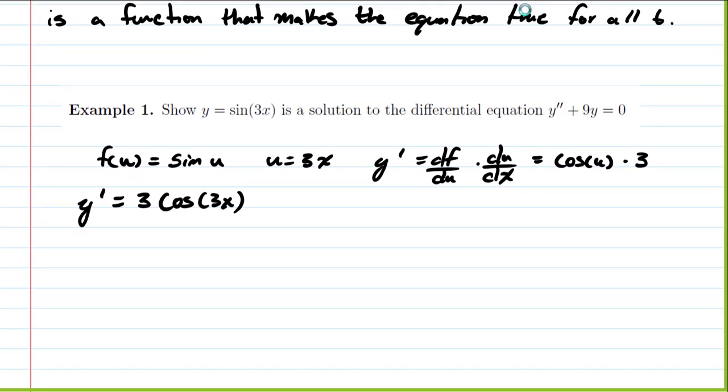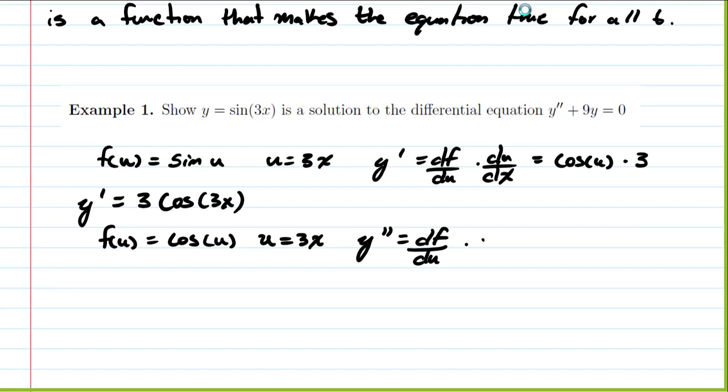Well, we need to rinse and repeat. So once again, this is another composition. So f of u this time is going to be cosine. And u once again is 3x. So then y double prime is going to be df du times du dx. The derivative of cosine is going to be negative sine.